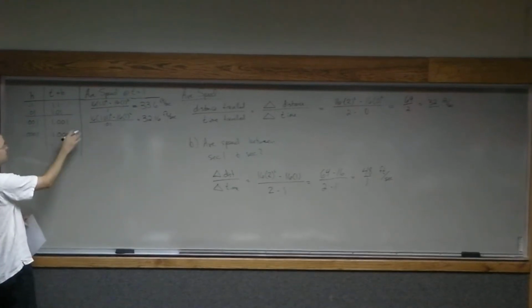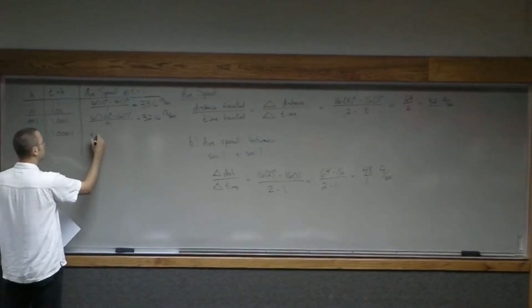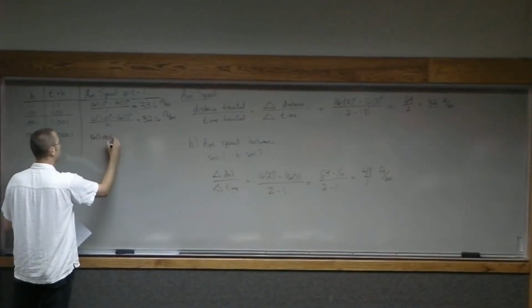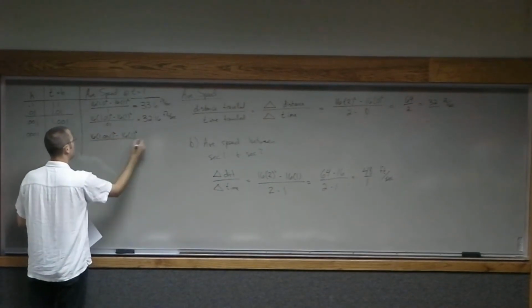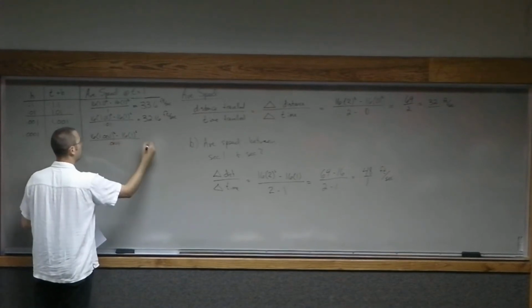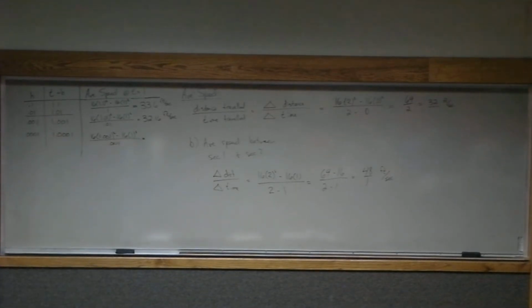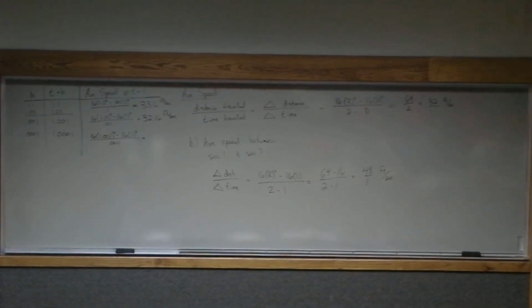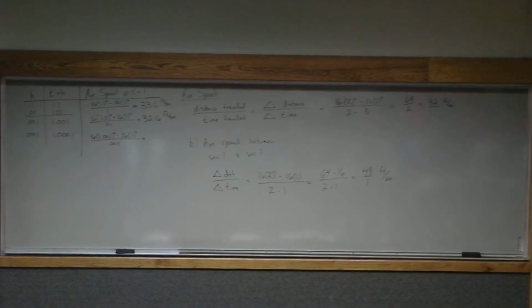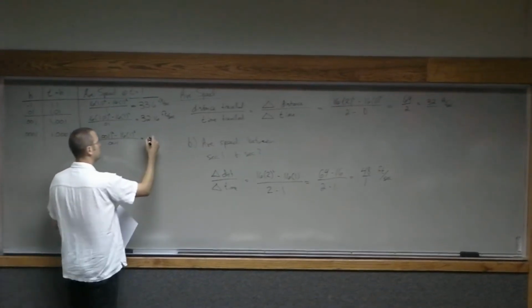Right? If I continue on like this, let's do the next one. 16 times 1.001 squared minus 16 times 1 squared divided by 0.001. Do that calculation. Do you think that the average speed is going to go up or going to go down as we're shortening that distance? Go down? It's going to be like 32.07.